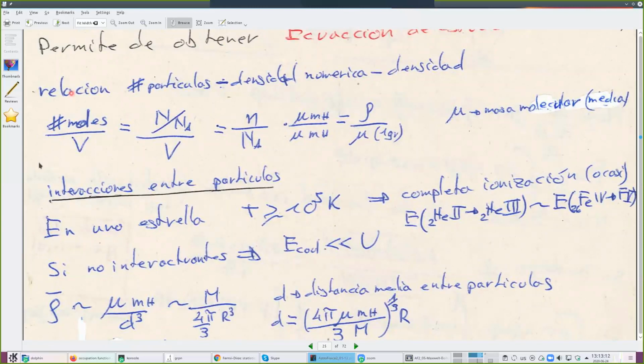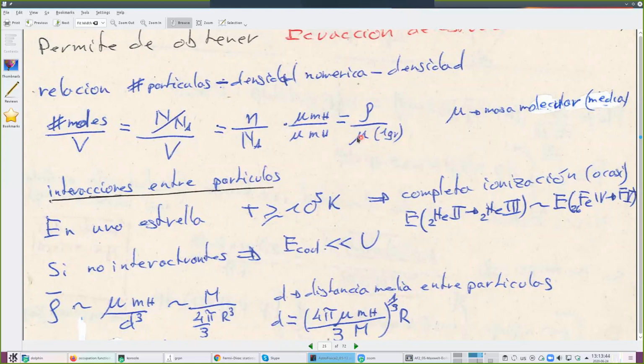As I said, usually in most classical statistical mechanics, we use the equation of state with the number of moles and volume, but we prefer to change everything to mass density and molecular mass, atomic mass.